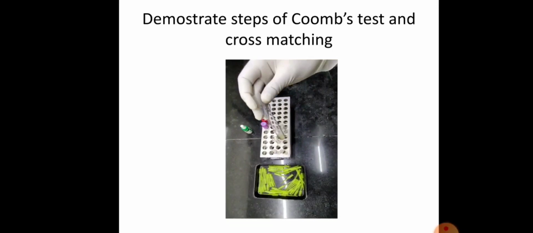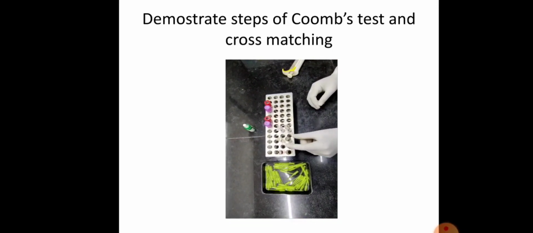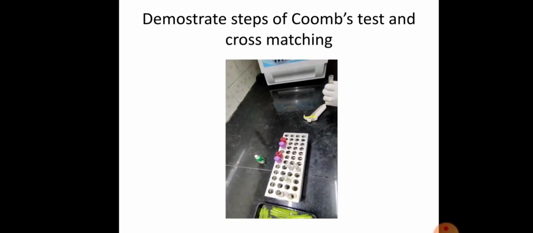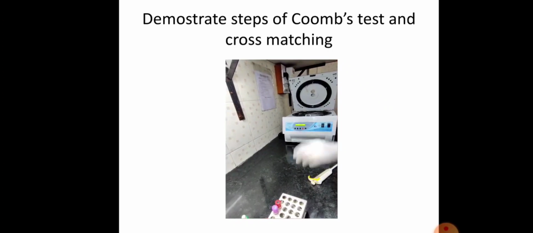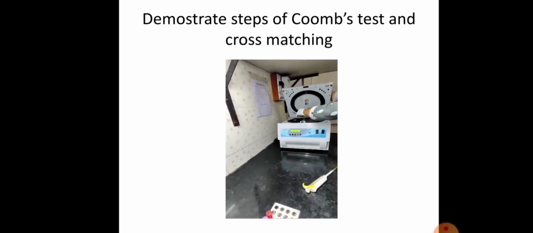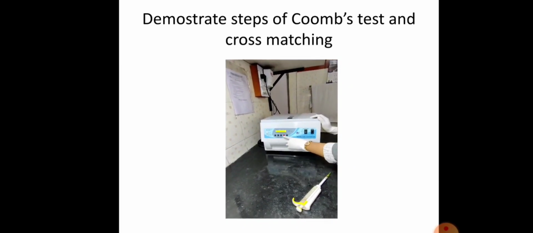Mix the solution well and incubate it for 5 minutes. Then centrifuge the test tube at 1000 rpm for 1 minute and record the result. So up to here it is the Coombs test.